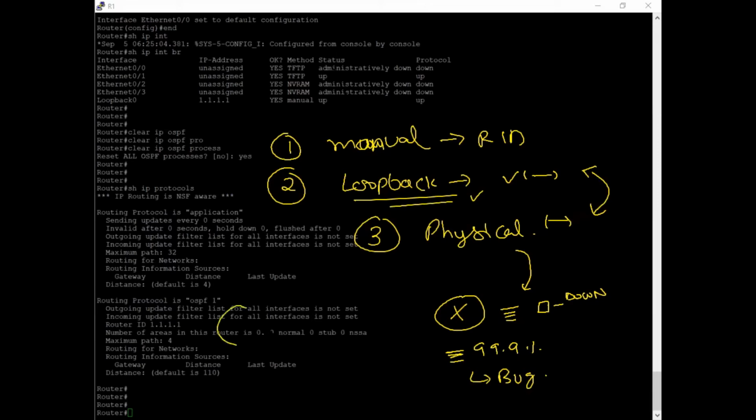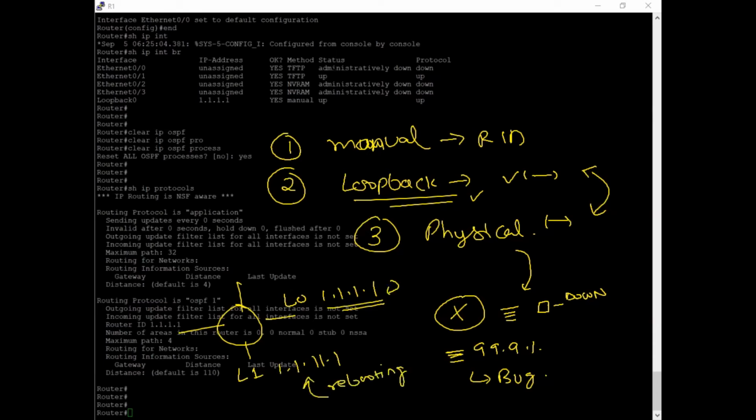But if on the device someone is configuring loopback 0, maybe with 1.1.1.1, and someone is configuring loopback 1, maybe with 1.1.11.1, the router ID will not change until you reboot the device.